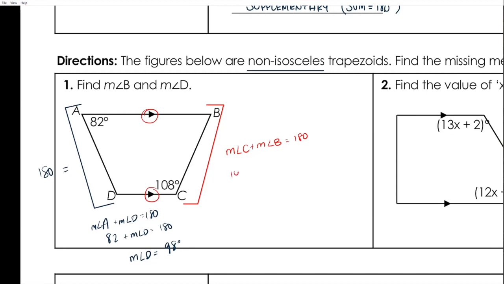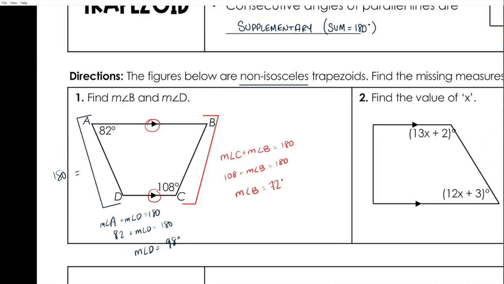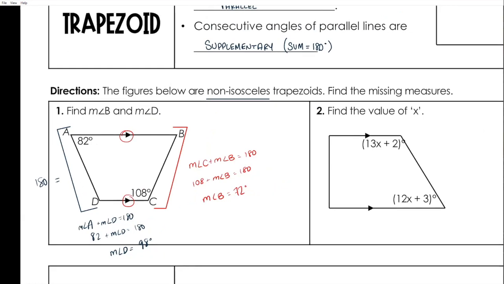Substitute what we know, which is angle C, and then subtract 108 from both sides, and we end up with 72. Now notice, these are not congruent relationships on the opposite sides of our quadrilateral. This is simply a supplementary relationship, and we can do the same thing with algebra.